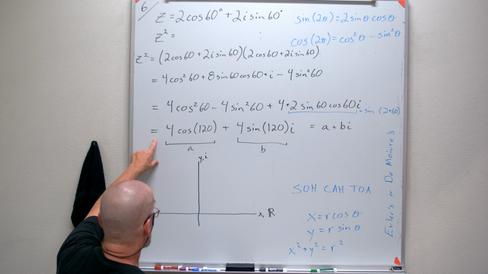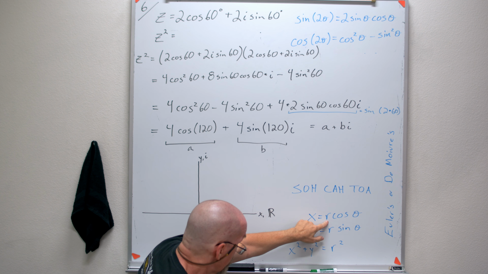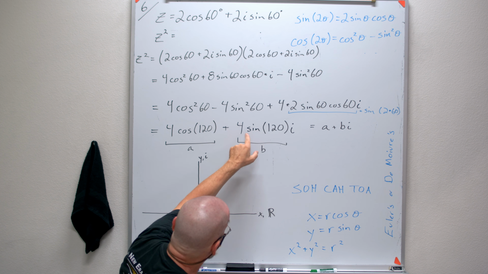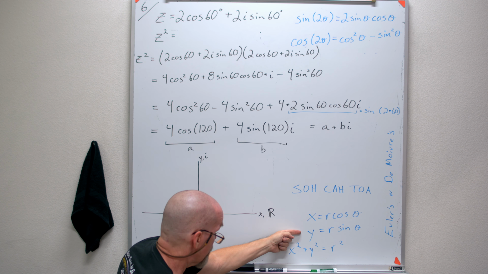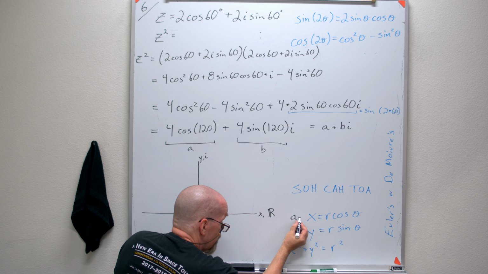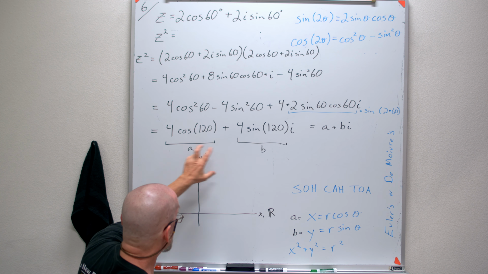Our real is going to be 4 cosine of 120, right? And if that r is a 4, then our standard trig angle of 120 would give us that 4 sine of 120, that matches this perfectly. So this is our A. That's our B. We can read them off of this.